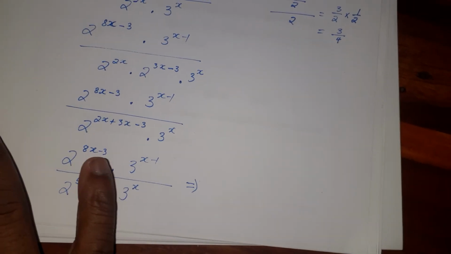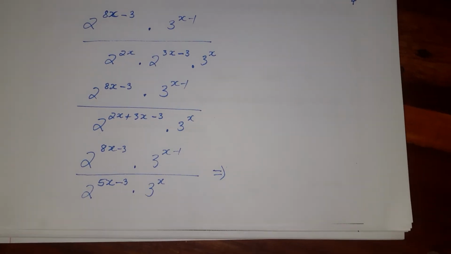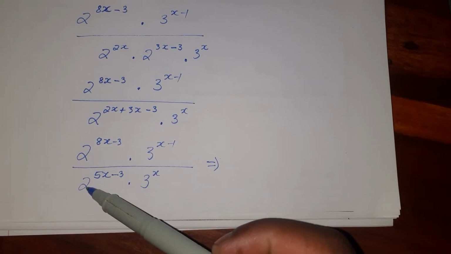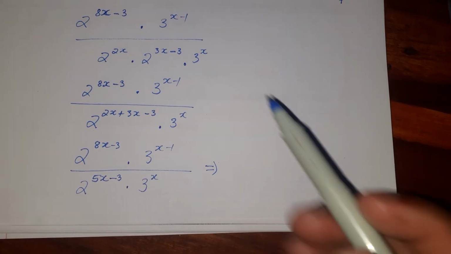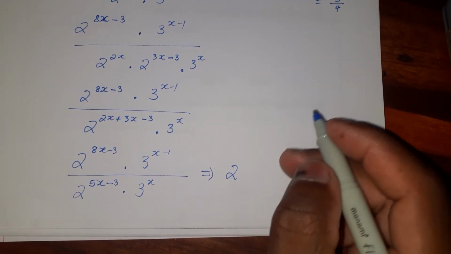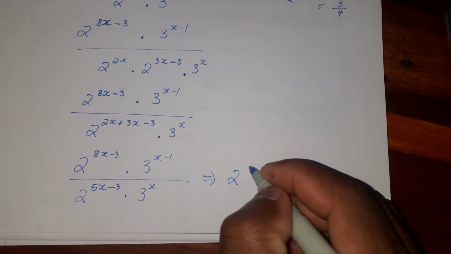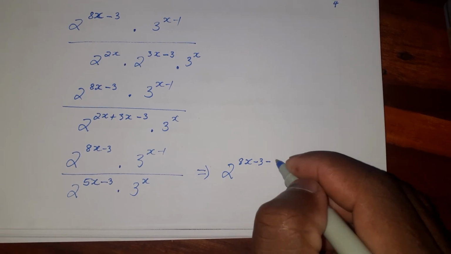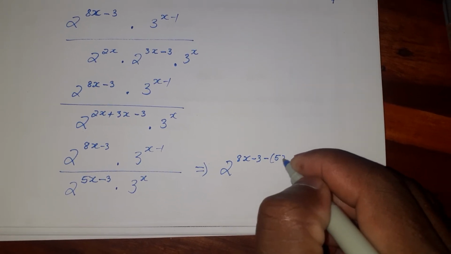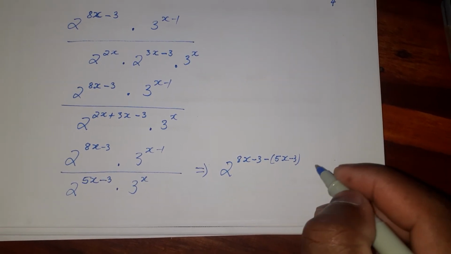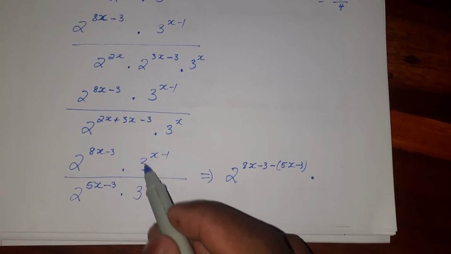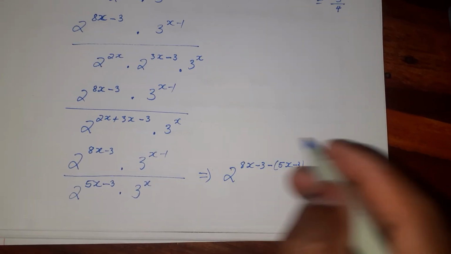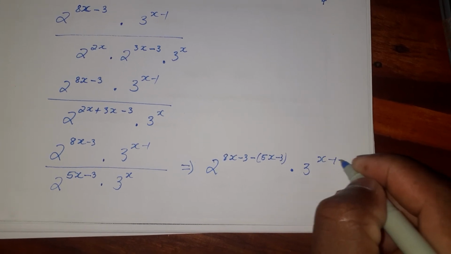Now when you divide these two, the bases are the same, therefore we subtract the exponents. So we write the same base, which is 2, and then we subtract the exponent: 8x minus 3 minus, open brackets, 5x minus 3. The same again here, we are dividing this by that, the base is the same. We write the base and then we subtract the exponent. Therefore we are going to have x minus 1 minus x.